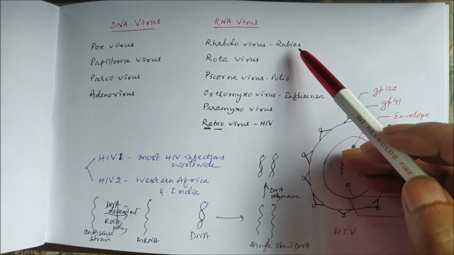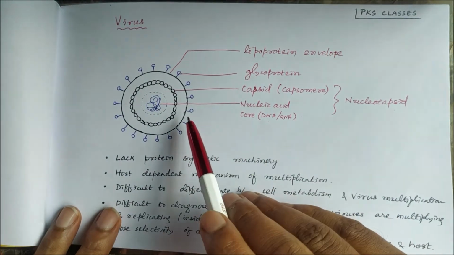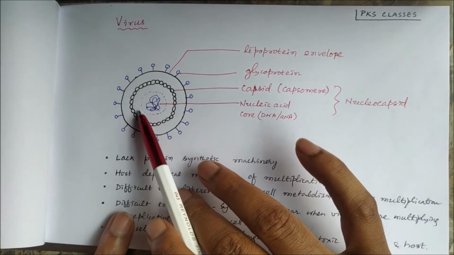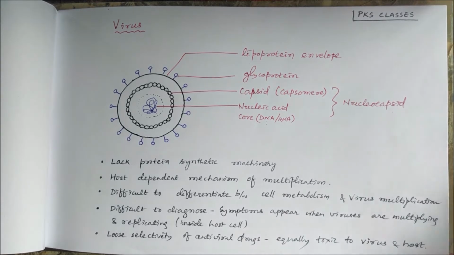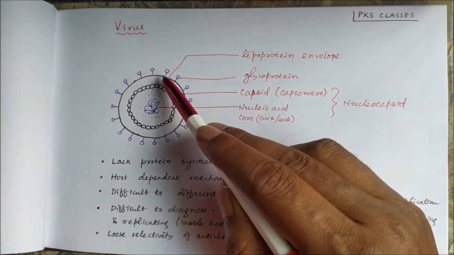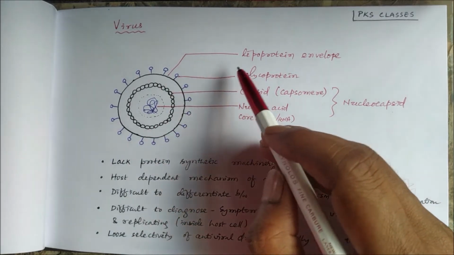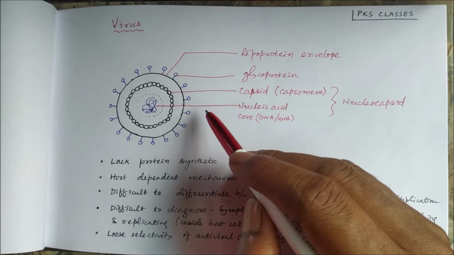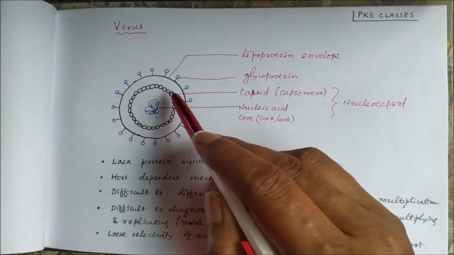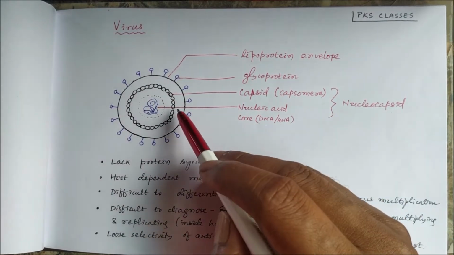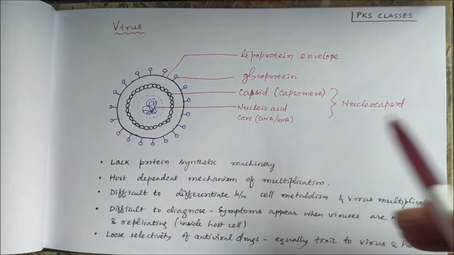And viruses are of two types, DNA virus and RNA virus, because the virus has three components in its cell. The outer envelope containing the lipoprotein envelope, containing the glycoprotein, and inside the envelope there is a capsid layer consisting of capsomeres, and the third component is the nucleic acid core, which may be DNA or RNA.